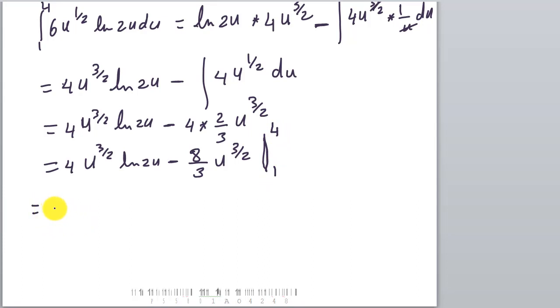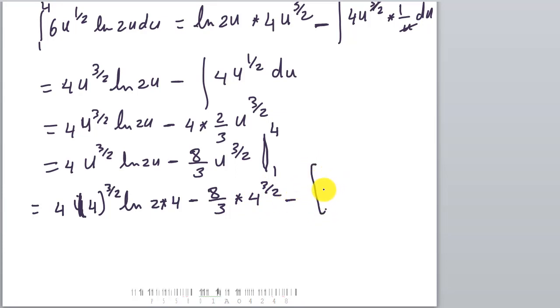So it's equal to 4u, so 4^(3/2) ln 2 multiplied by 4 minus 8/3 multiplied by 4^(3/2), minus 4u^(3/2) ln 2, 1^(3/2) ln 2 minus 8/3 multiplied by 1^(3/2).